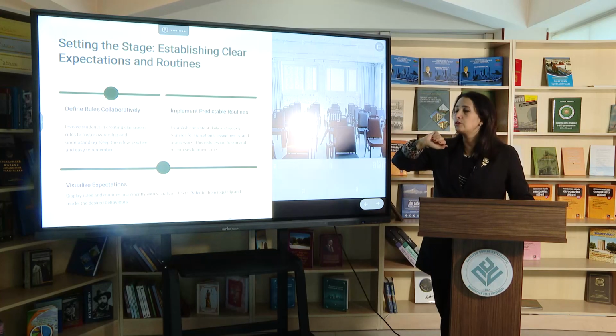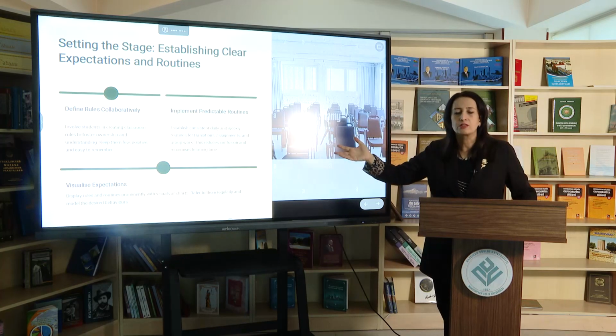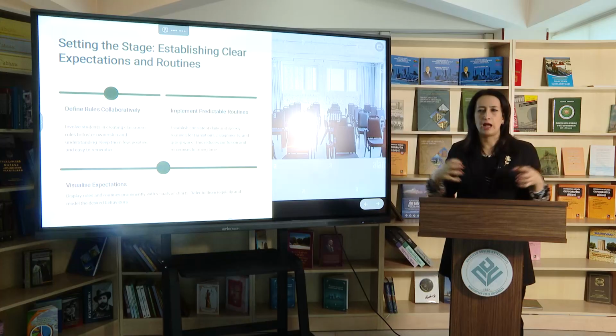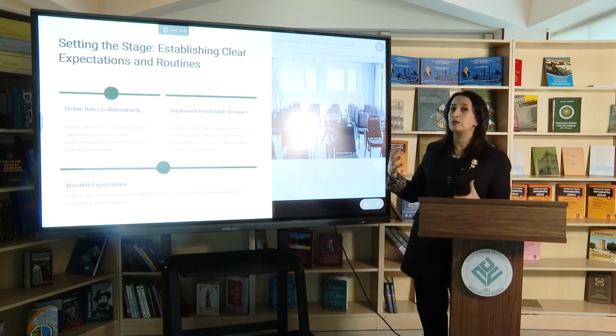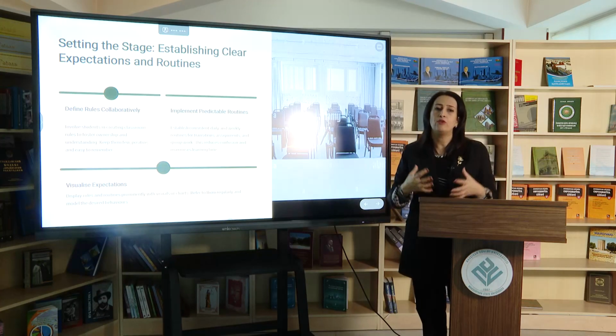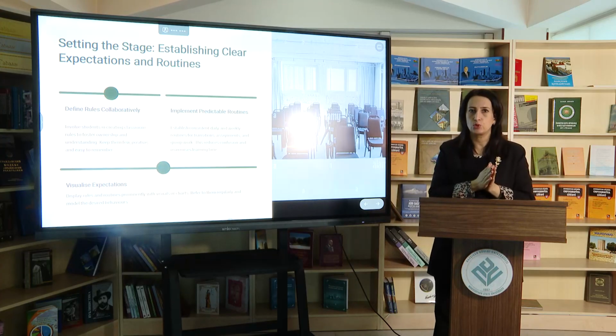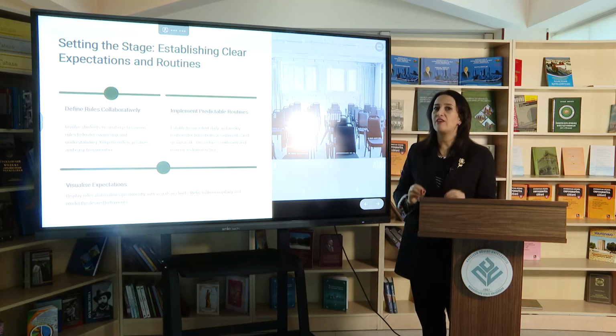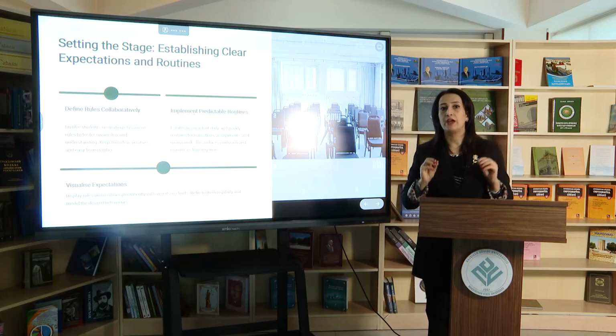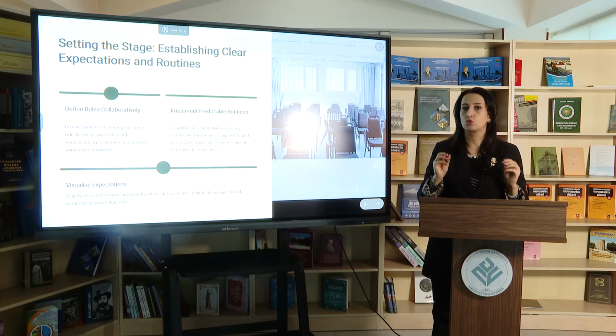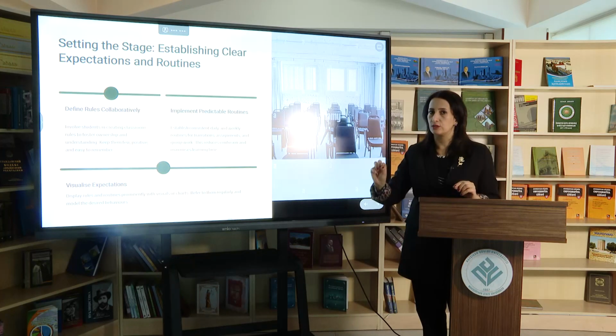First one is define rules collaboratively. What does it mean? We try to collaborate with our students on rules. If we have a classroom, it means that we should have some rules, and everybody must respect these rules, teacher and students.